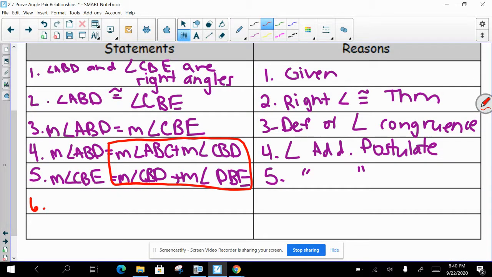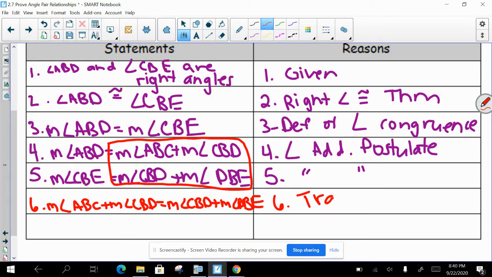So step 6, we're going to say that the measure of angle ABC plus the measure of angle CBD, you might want to write small, equals the measure of angle CBD plus the measure of angle DBE. As you're writing, notice what is common on both sides of the equation. You're going to start seeing that it's going to work out now. It's the transitive property.